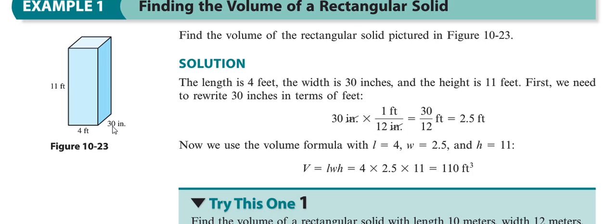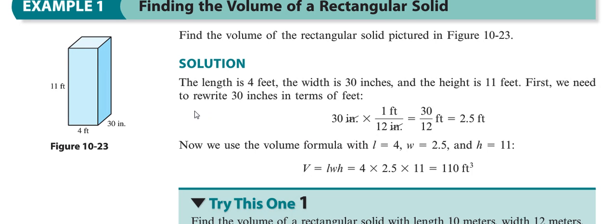The question asks you to find the volume of the rectangular solid pictured in figure 10-23. So in order to change 30 inches into feet, we just use a proportion. We know that as far as inches are concerned, 1 foot is equal to 12 inches.